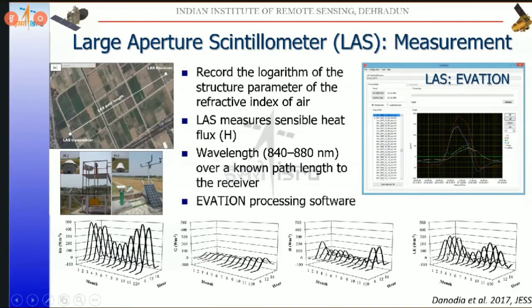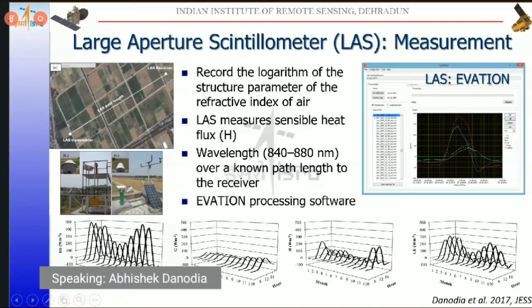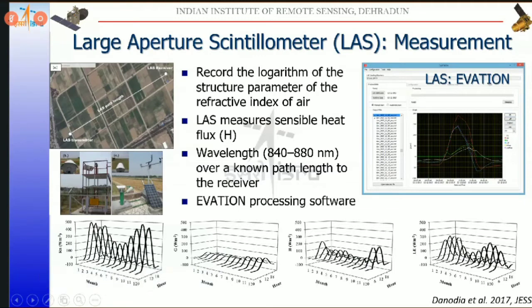In latent heat flux, you can easily see that as crop growth takes place, the LE increases. Again, at the time of maturity, harvesting and senescence, it decreases. Again, with the next crop of Rabi season, the LE value increases, and with maturity, senescence, and harvest, the value decreases. So this is a clear-cut sinusoidal pattern of latent heat flux over the complete crop season of Kharif and Rabi.